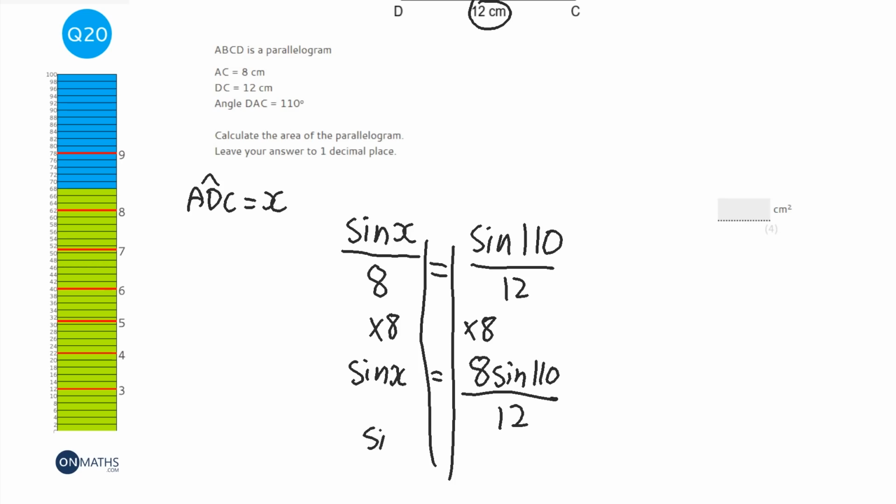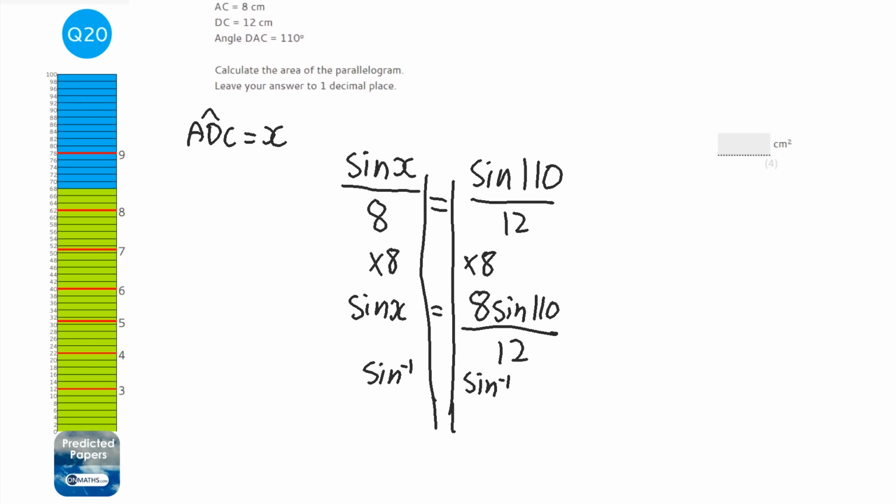And then what I'm going to do is inverse sine both sides. So x is going to be the inverse sine of 8 sine 110 over 12. So let's get my calculator.